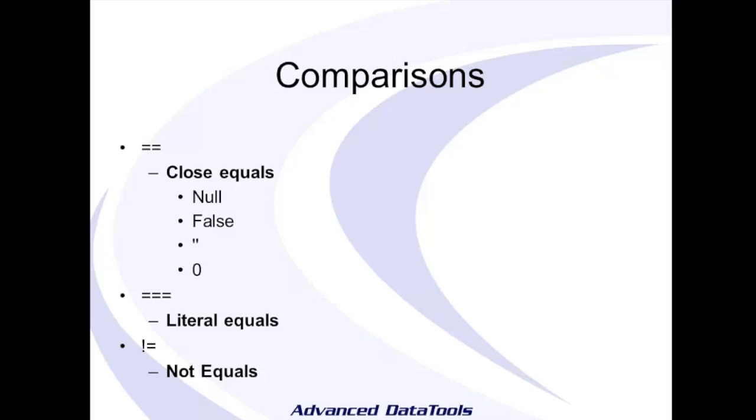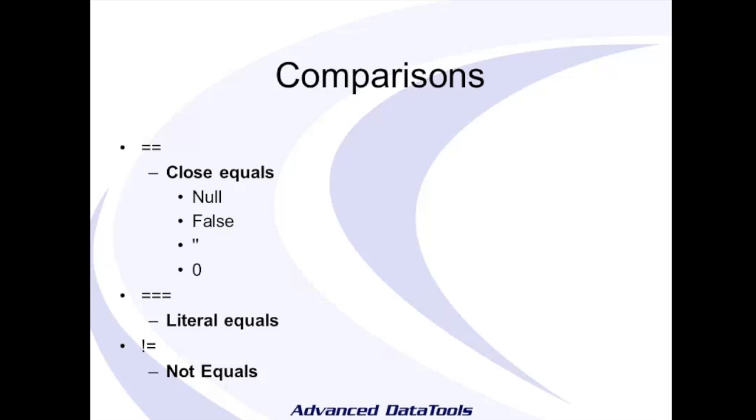So the next thing is comparisons. You're doing your if statements, you're doing any kind of comparing one thing to another. One of the biggest things that throws people off is equals equals. You're used to, from most languages, that means argument A and argument B are exactly the same. In PHP, it's a little different. This can come back to bite you if you're not careful.